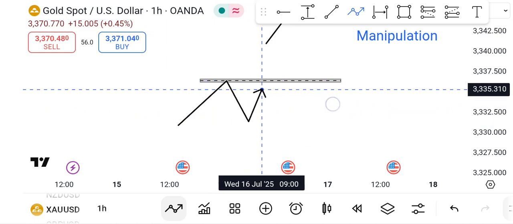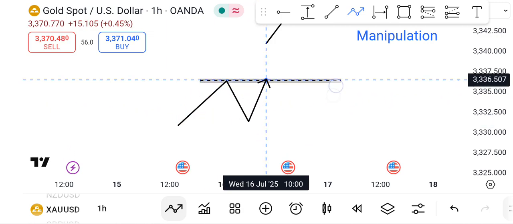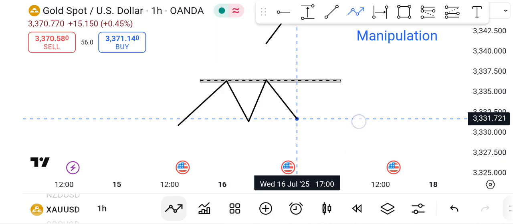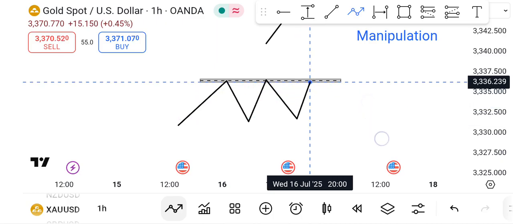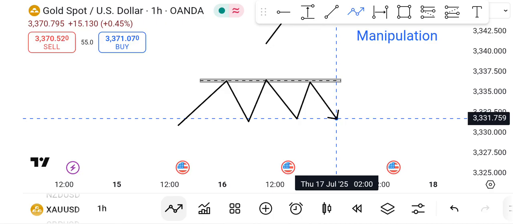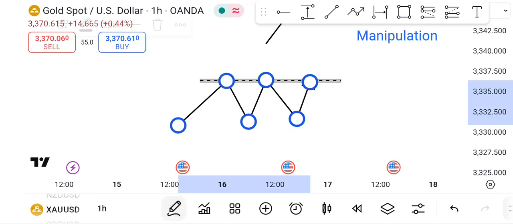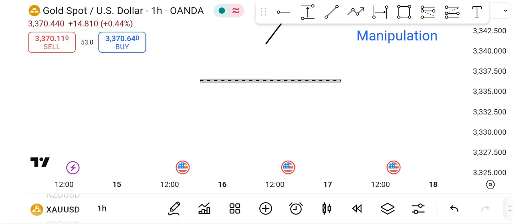It keeps on rejecting on that level. That is the resistance. At this point also, there is a higher probability that a CRT pattern can be formed, but I will show you using examples.